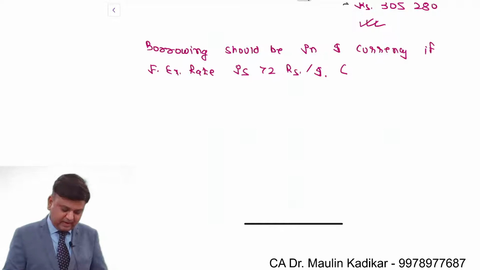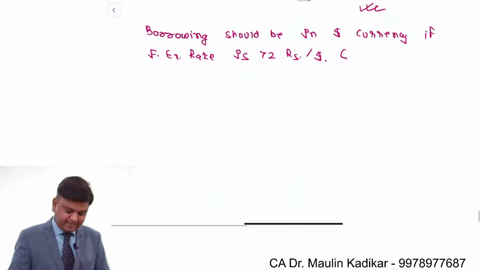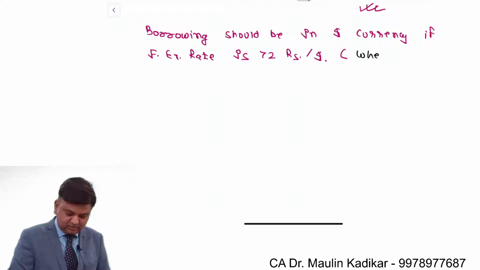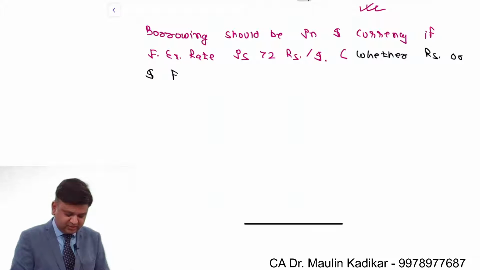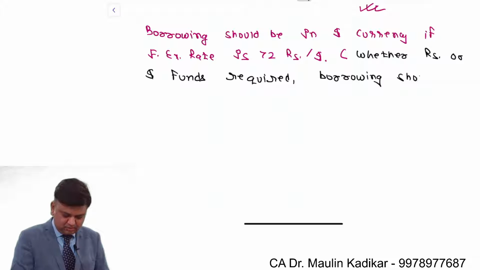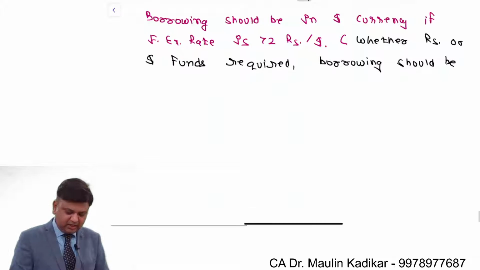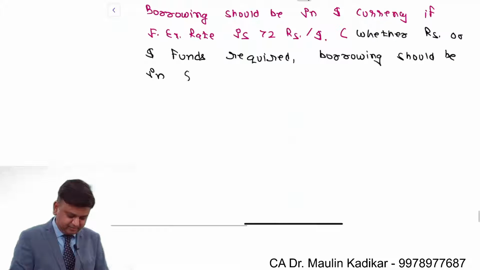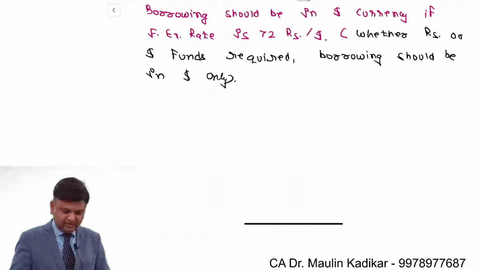In bracket write down whether rupee or dollar funds required, comma, borrowing should be in dollar only. Bracket over.